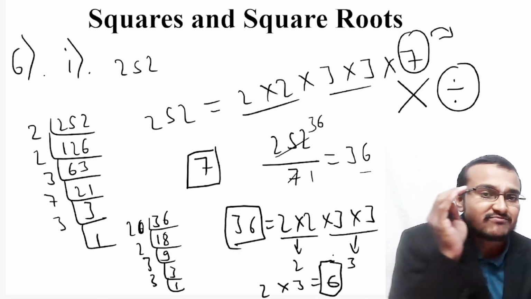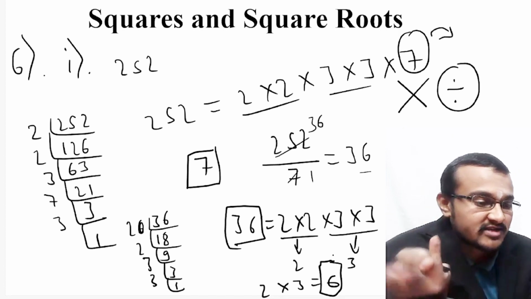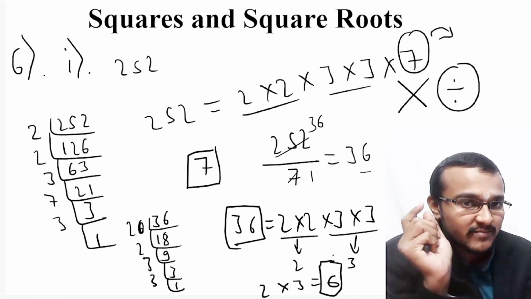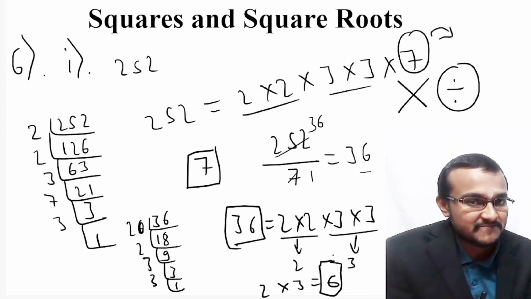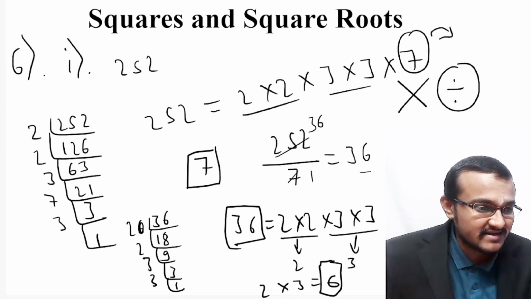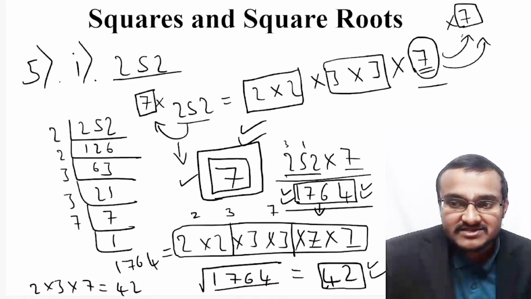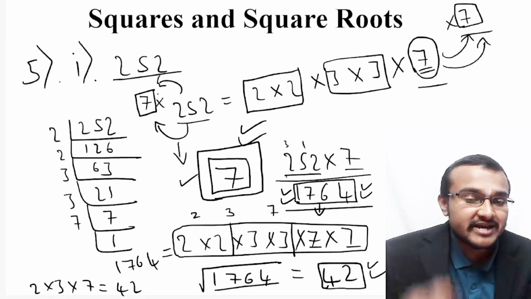So the smallest number by which you divide will give you a perfect square. In the previous question, you multiplied by the smallest whole number; in this sixth question, you divide by the left-alone number. In the previous question, you multiplied 252 by 7 to get a perfect square.